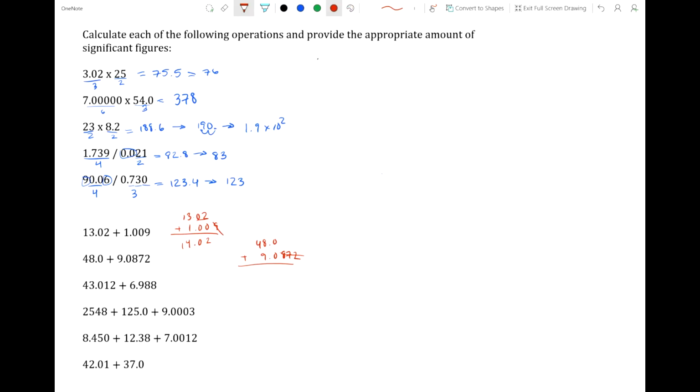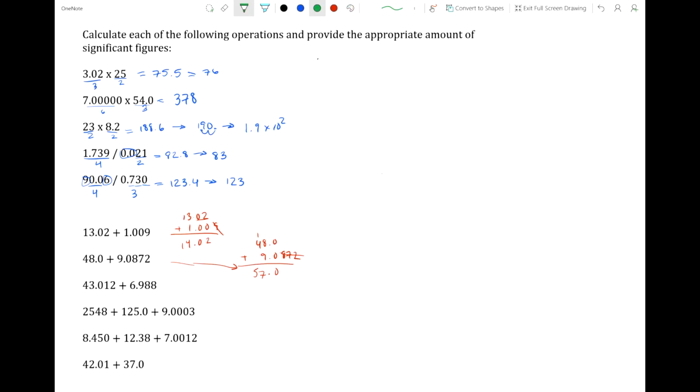So we're going to bring down the 0 point, and then this makes 17, so it's going to be 57.0, and that's our final answer for this operation right here. I'm just going to draw an arrow right here indicating that's where we went.